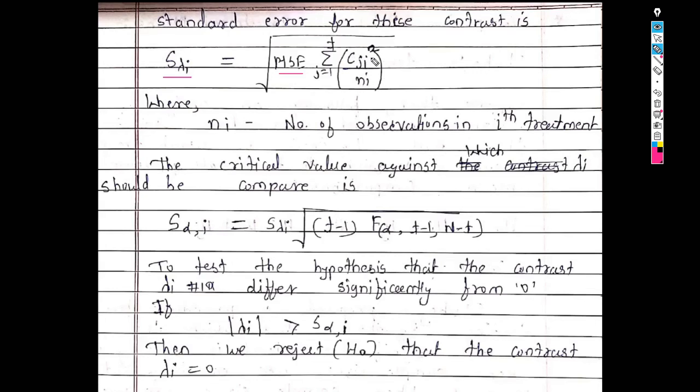This is not the square of a bracket, it is only the square of Cji. What is Ni? It is the number of observations in the ith treatment. So here we define this standard error for unequal sample sizes of treatments.